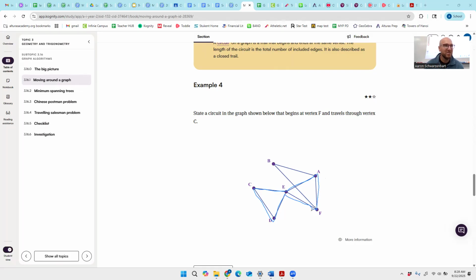A cycle doesn't repeat any vertices. A circuit doesn't repeat any edges. Notice that E was repeated in here, so that makes it not a cycle, but it is a circuit. You could also do this, I think that would work.